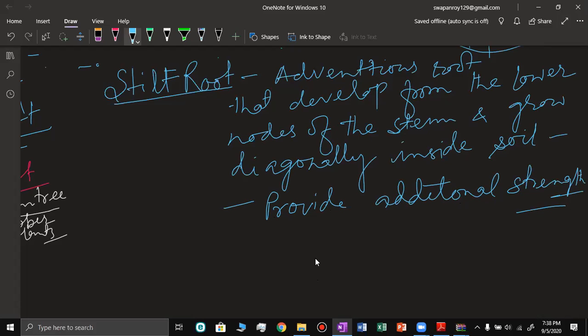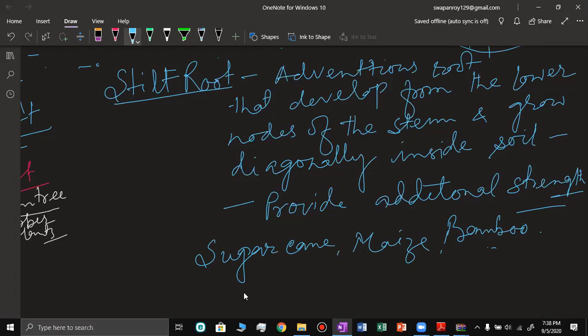This is very common in monocots. It is found in sugarcane, maize, bamboo, and also in the mangrove plant.